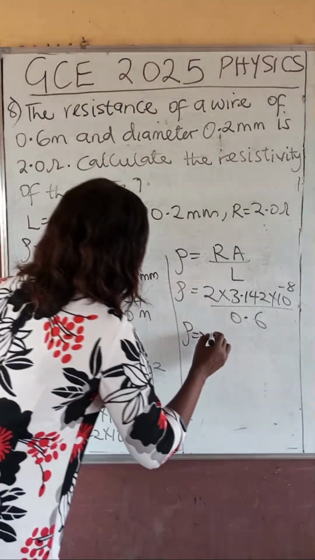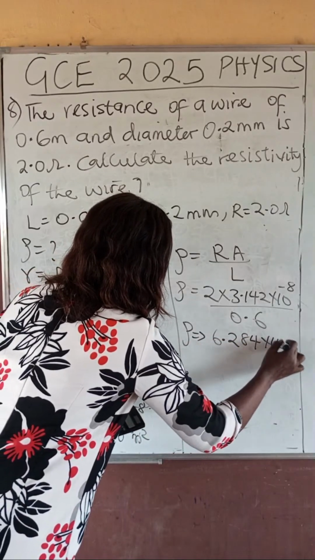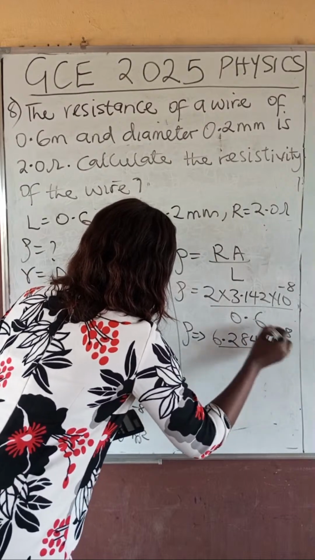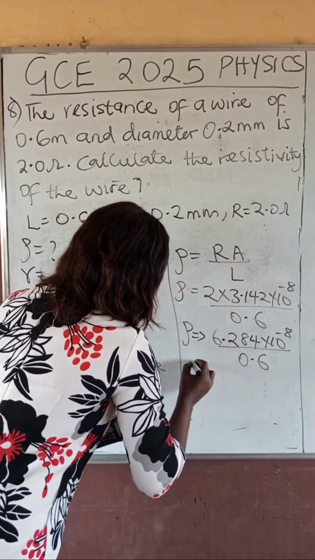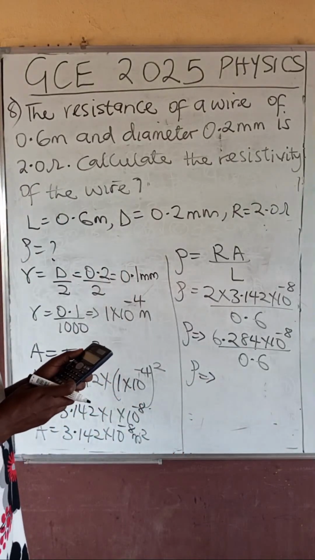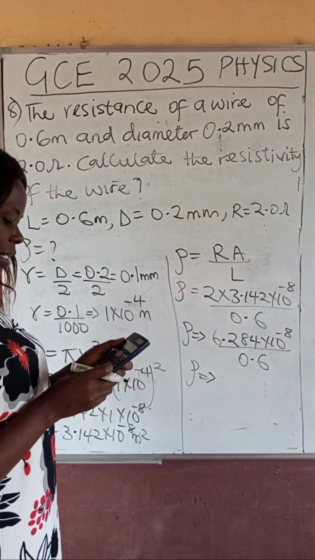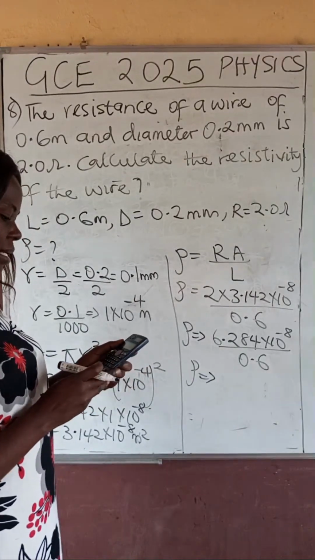Okay, this will give me 6.284 times 10 raised to the power of minus 8 divided by 0.6. So 6.284 exponent minus 8, then divided by 0.6.